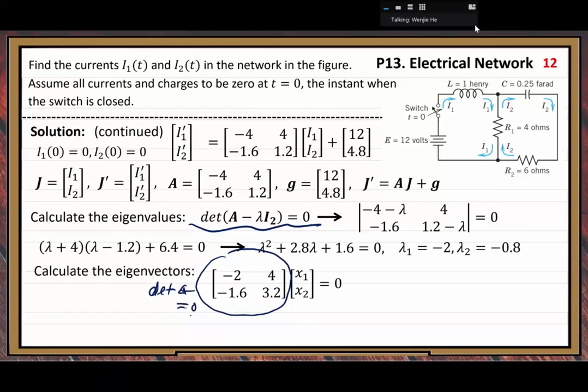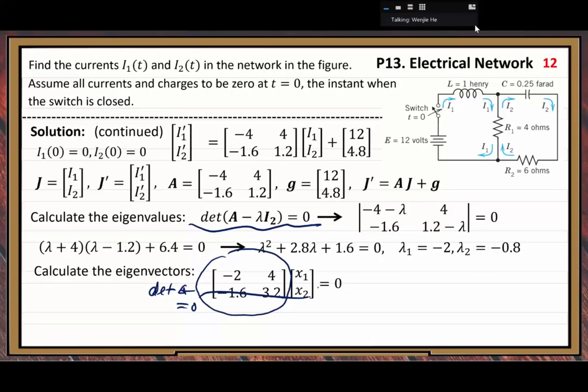What does it tell you? The determinant of this 2 by 2 matrix is 0. It tells you the two row vectors are linearly dependent, right? If the two vectors are linearly independent, the determinant must be non-zero. So now it's 0, the two row vectors must be linearly dependent. If linearly dependent, when we solve this, can we ignore the second equation?